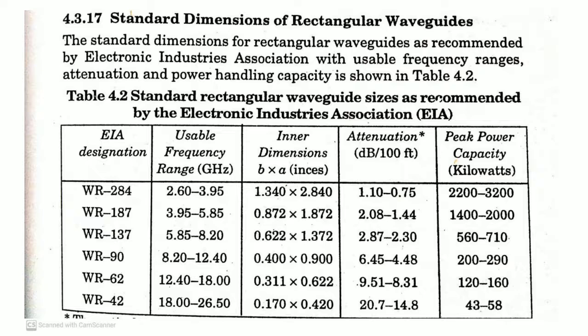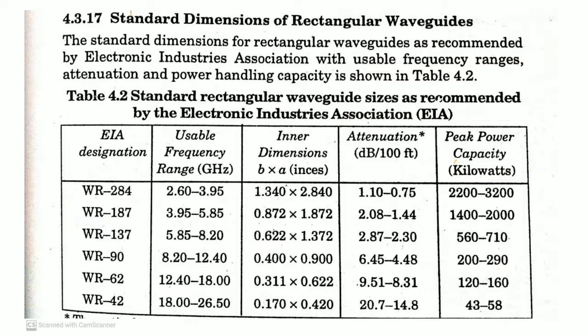If the frequency handling range is more, then the attenuation is also more, but ultimately it can handle lower power of the microwaves. If you want to prepare for this, you can go through this table. This is for your reference, the standard dimensions of the waveguide.